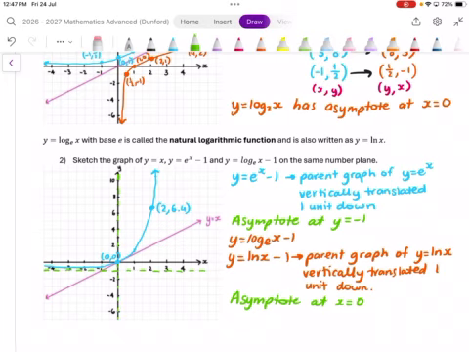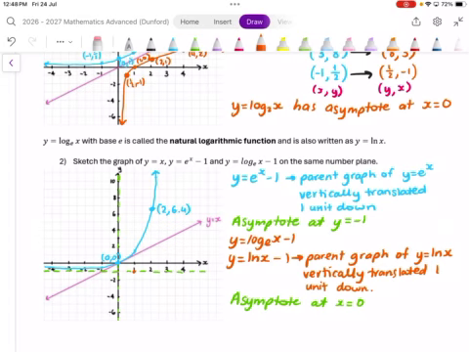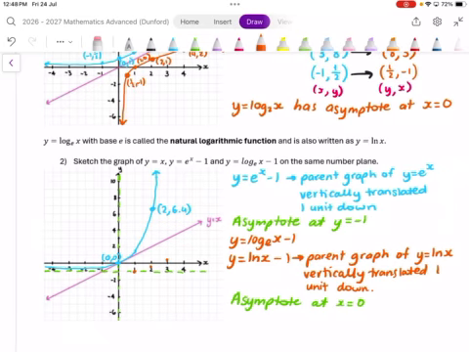Okay, so we're going to start off by substituting in 1. When we substitute in 1, we get negative 1. When we substitute in 2, we get negative 0.3. When we substitute in 3, we get 0.09. When we substitute in 4, we get 0.38.